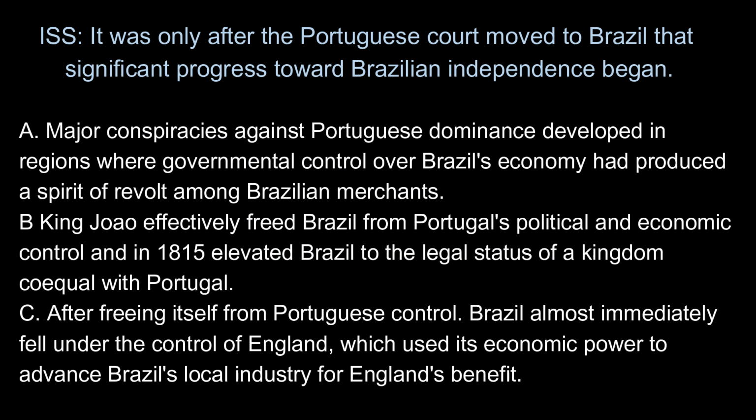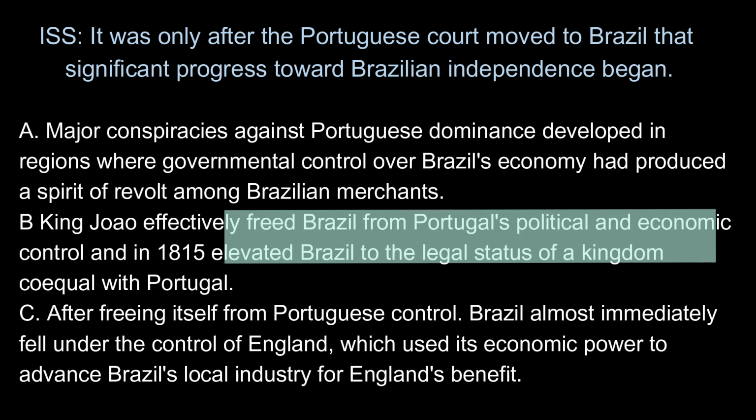A talks about Brazilian merchants revolting against Portugal. Since A does not talk about how the Portuguese court helped Brazilian independence, A is out. B clearly talks about how Portuguese court helped Brazilian independence, so let's keep B. C talks about how England became the economic force in Brazil.